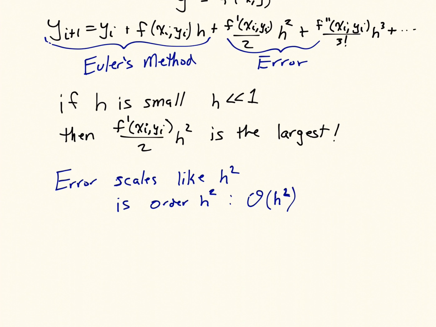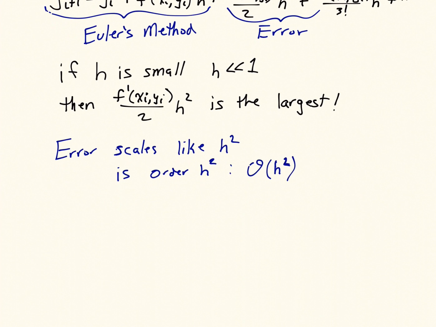So now we know the error of Euler's method over one step scales like h squared. So that's interesting. Now, going back to our previous discussion, is this the local or the global error? Well, this is the error over one step, so this error is the local error.